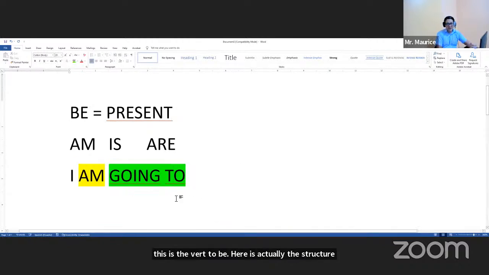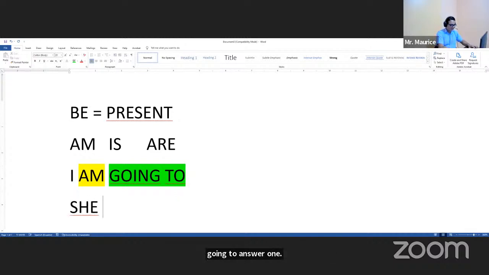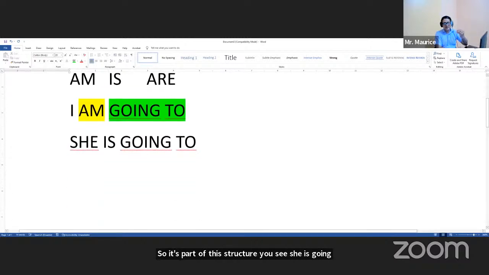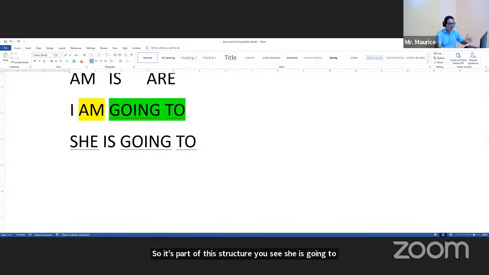I am going to. You are going to. He is going to. She is going to. And so on. So it's part of the structure. We also practice with a different subject.